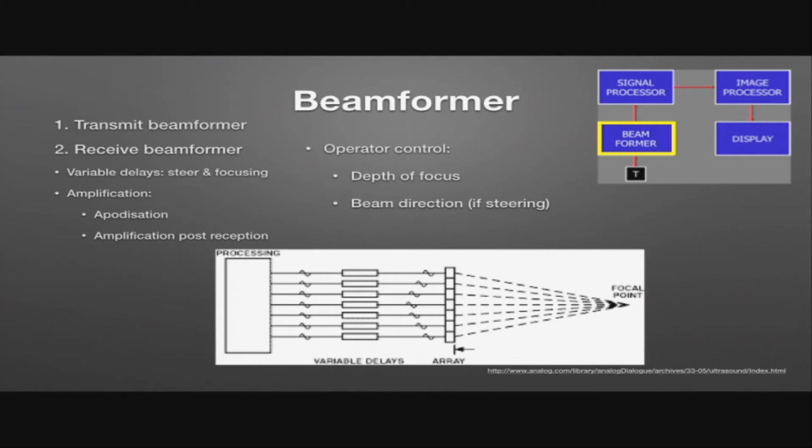We've got a little bit of control over this beamformer in terms of both the depth of focus as well as the beam direction. If you're using vascular ultrasound, for example, or a linear probe, you can steer the image. And this is again where some of that delay in the electronic focusing or the electronic steering happens. Of note, one of the things that you do not have control of is the dynamic focusing.